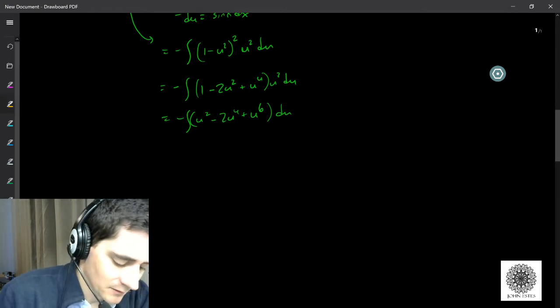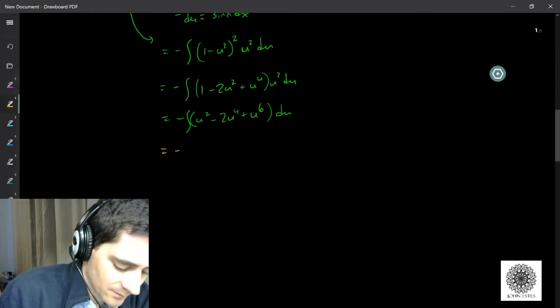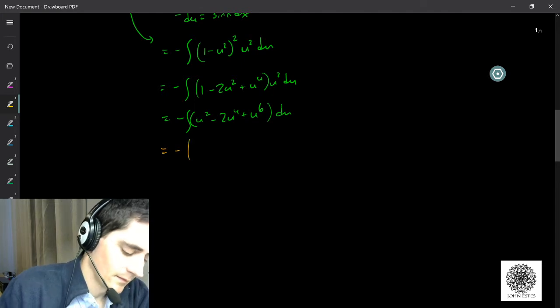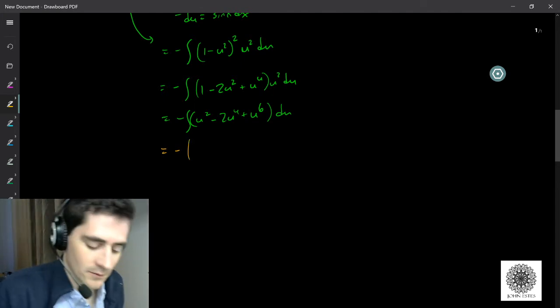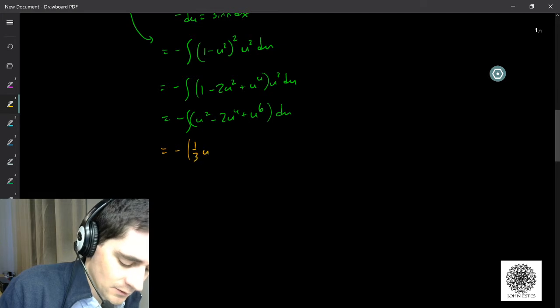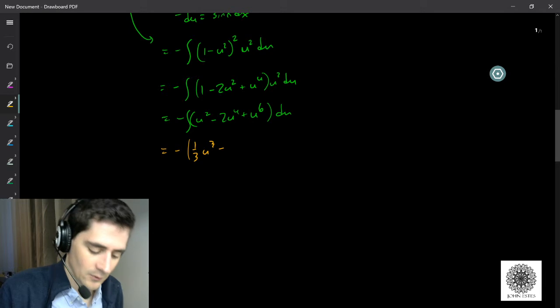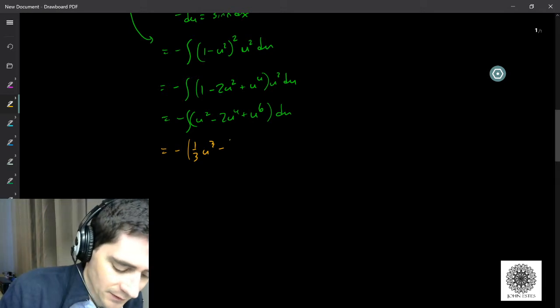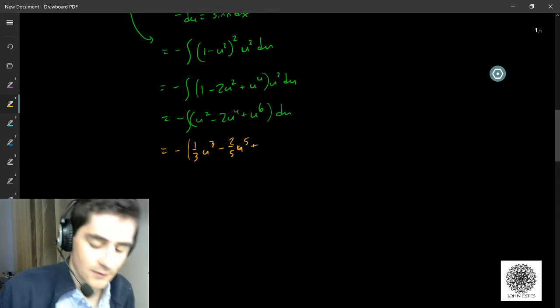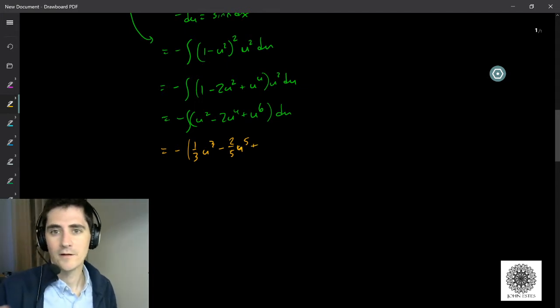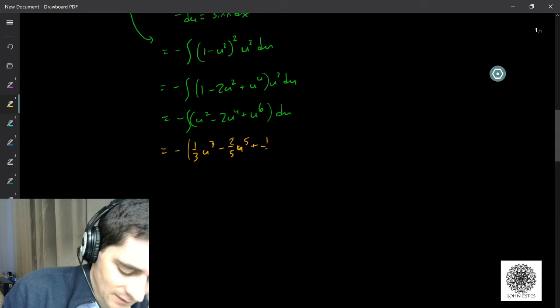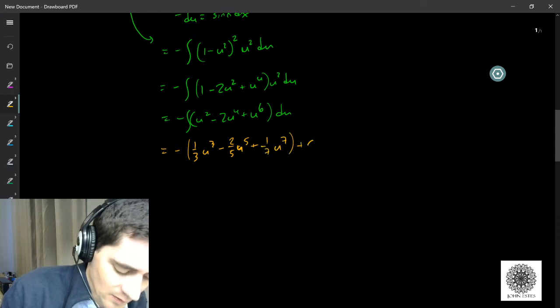Now I can integrate that: the integral of u squared is 1/3 u cubed. The integral of 2u to the 4th, you raise the power and divide by that power, so we get 2/5 u to the 5th power. And then u to the 6th, you get 1/7 u to the 7th power. All that plus c.